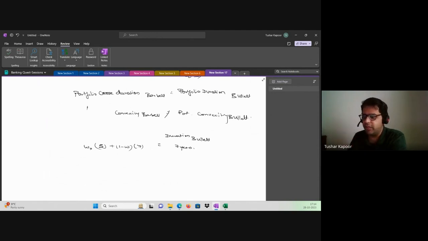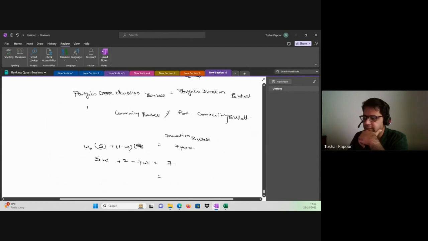By doing this, what I get is 5 weight plus 7 minus 7 weight is equal to 7, sorry, I should give it more weight. Let's say 9 years. Then I have 9 weight, minus 4 weight, and 7 minus 9 is minus 2, which is a weight of effectively 50%.